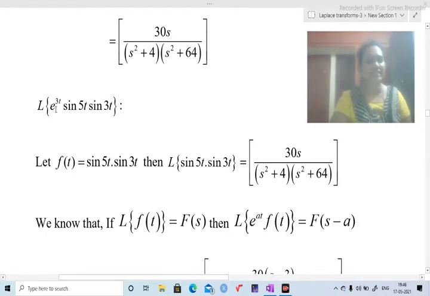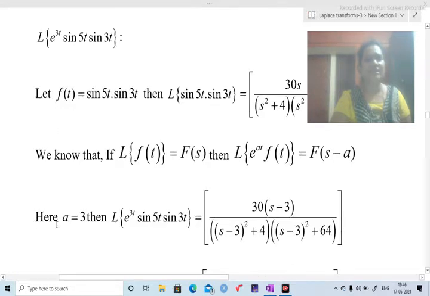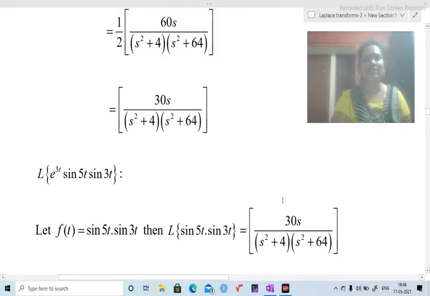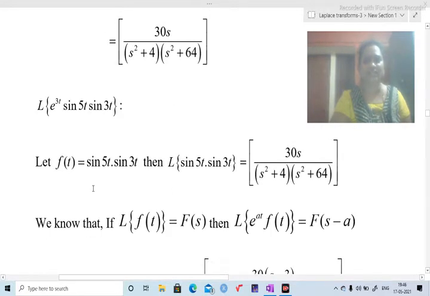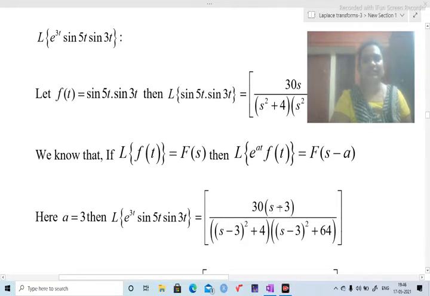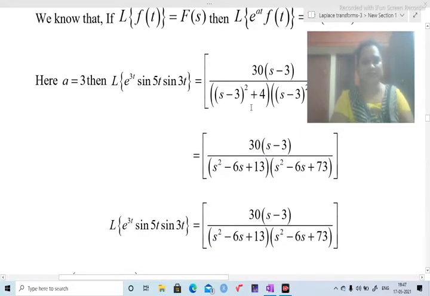Observe, here a equal to 3. So, s is replaced with s minus 3. That means wherever s is there, you change it to s minus 3 to get the Laplace transform of the given function. Observe, 30 into s minus 3 divided by s minus 3 whole square plus 4, s minus 3 whole square plus 64.